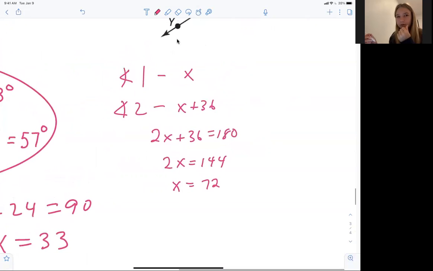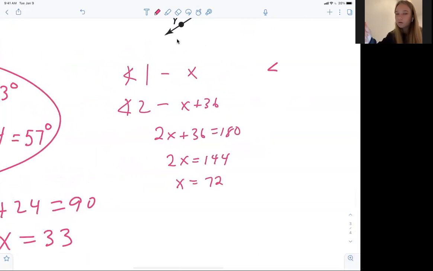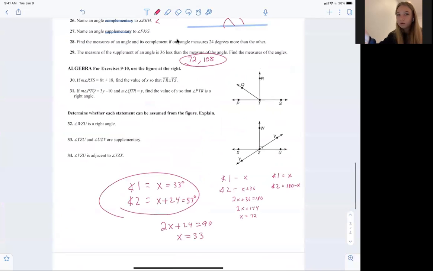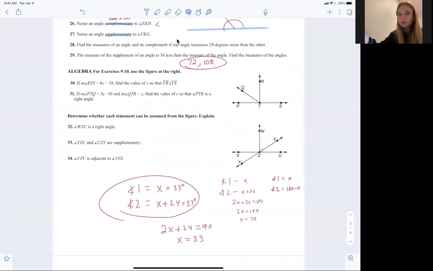Here's what I would like everybody to look at, though. I think this is a good problem. Angle 1 and angle 2. So if angle 1 is X, the supplement of that angle would be what? Can you tell me what the supplement would be? I would have written 180 minus X. Right.